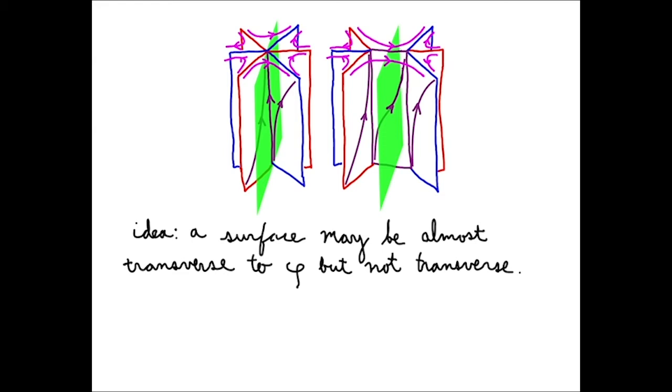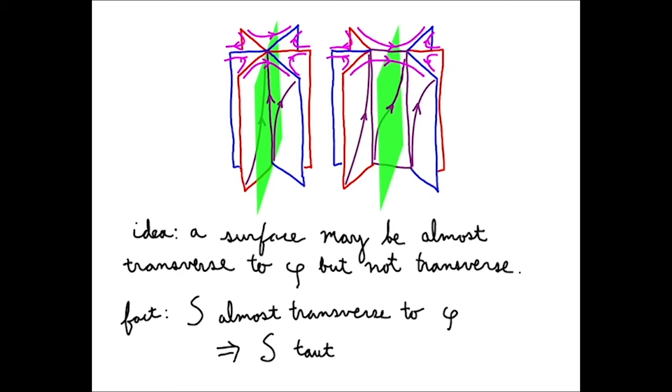But after I blow up the flow and replace the singular orbit by this annuli, now the flow actually passes through the surface in the positive direction, transversely everywhere. And it's a general fact that if you have some surface that's almost transverse to phi, so transverse to one of these dynamic blowups, then S is in fact taut.